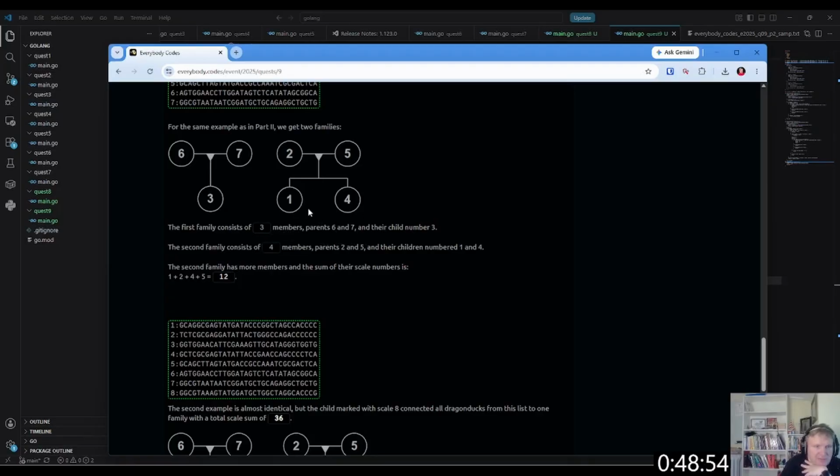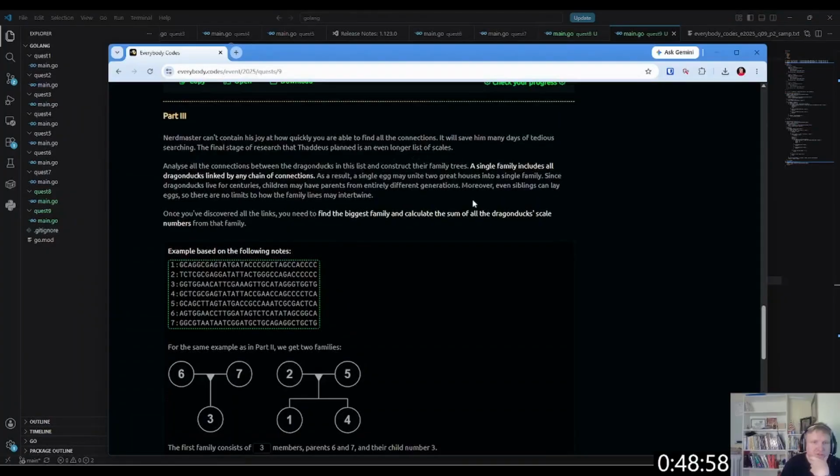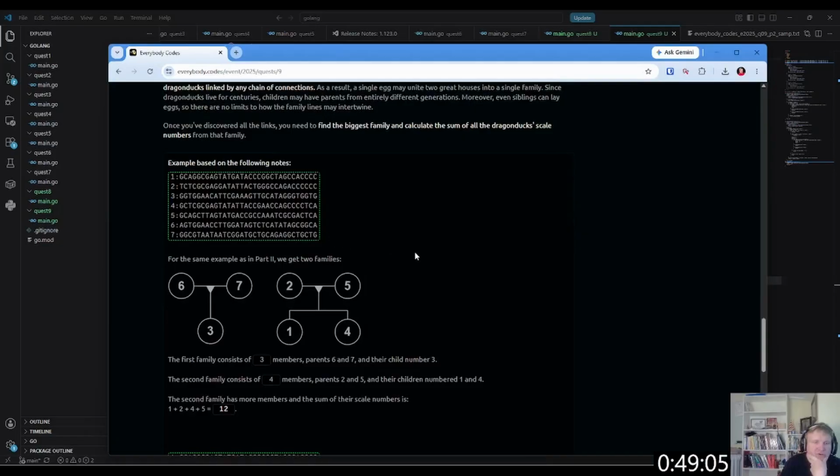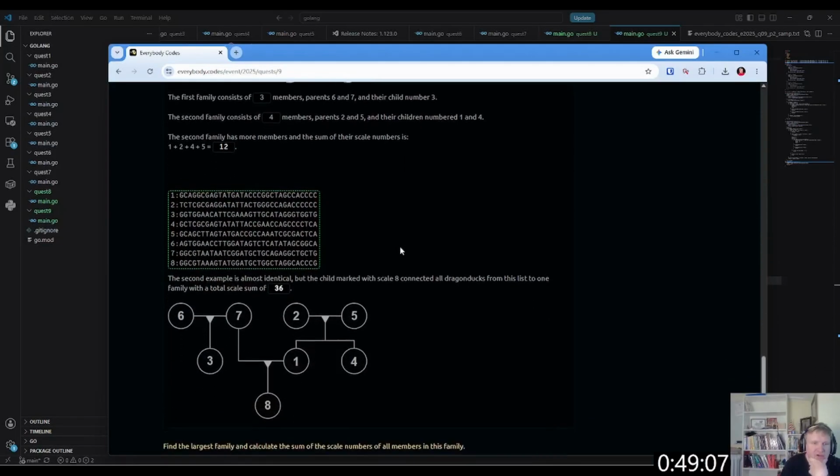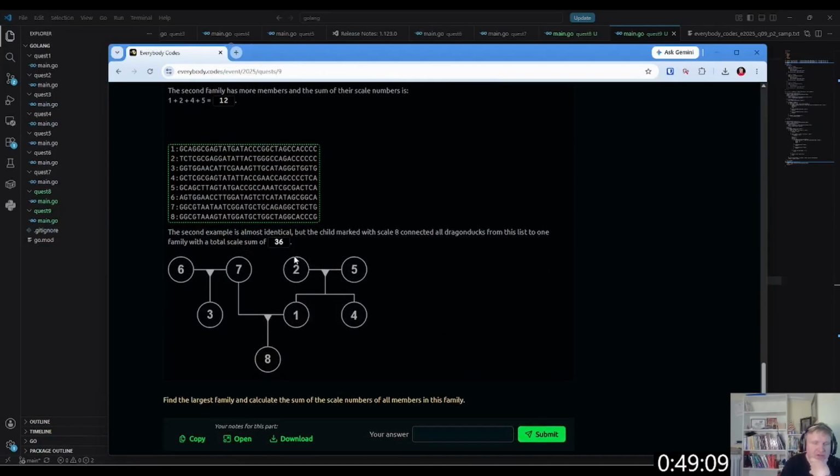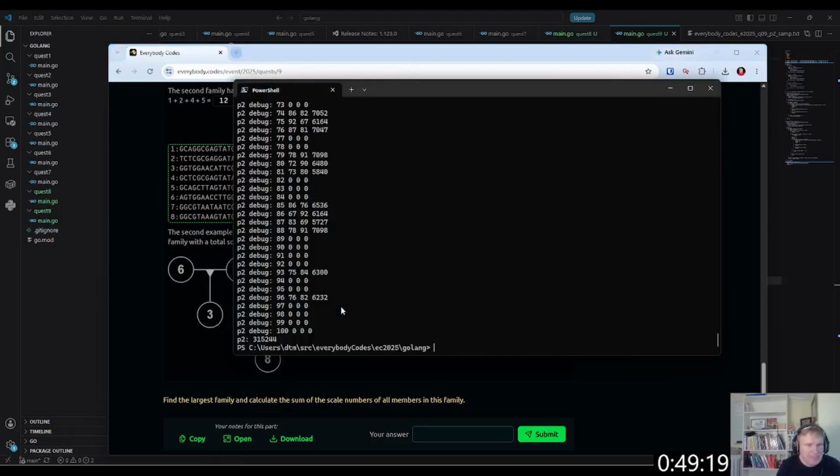The second family has more members, and the sum of their scale numbers. Okay, we just have to count the sum of the scale numbers. So for this one, we don't care about degree of similarity. We only care about scale number sum, and we basically want to unify the two groups. Gotcha.